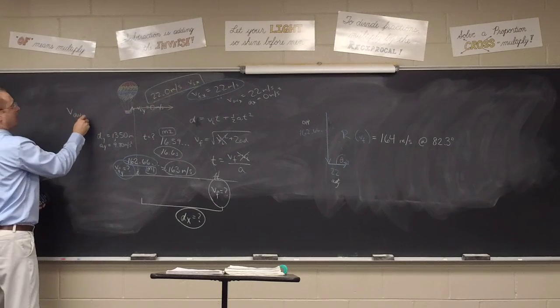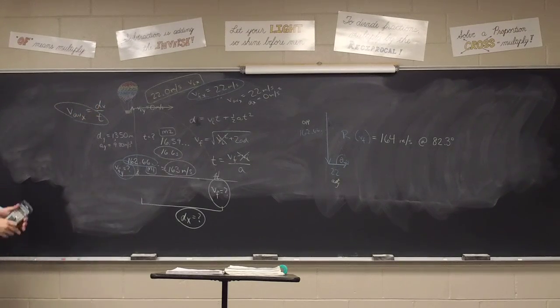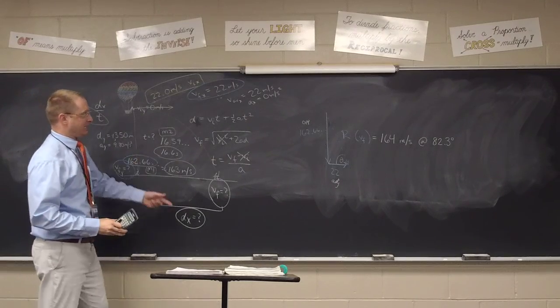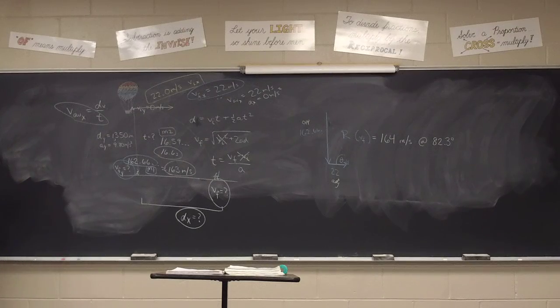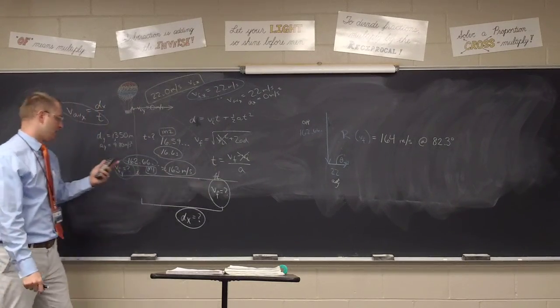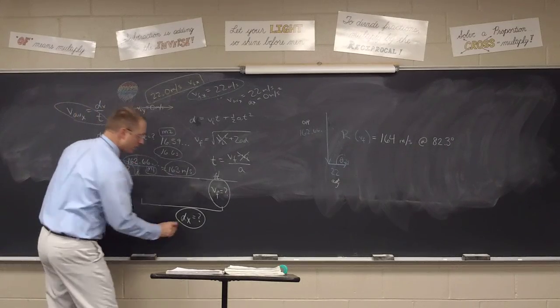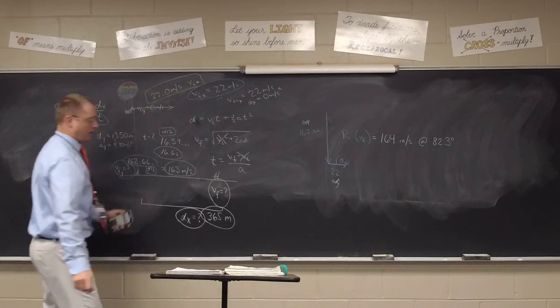Take that average velocity equation and just multiply. It's in the air for 16.6 seconds, and every second it goes 22 meters. So take the time, multiply by 22, and how far away is Kendall? About 365 meters away from Michael.